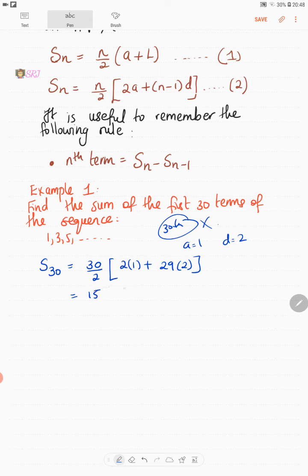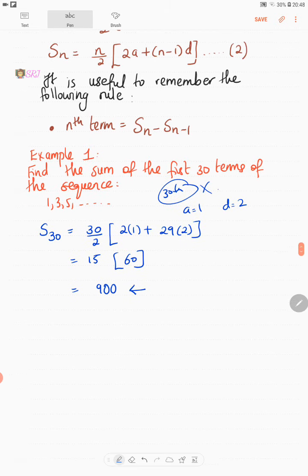So we have 58 plus 2 is 60. And then 60 times 15, we get 900. So we know the sum of the first 30 terms is 900.